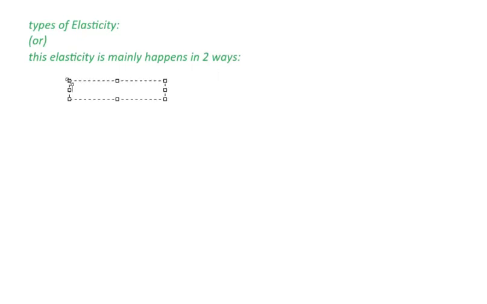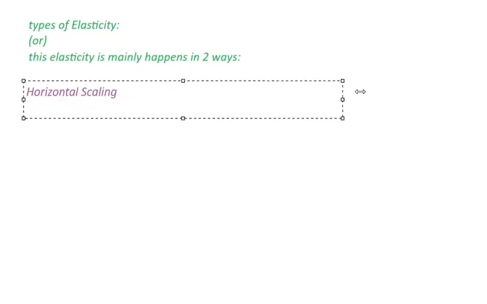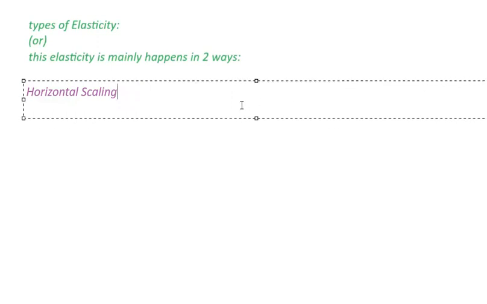One way is horizontal scaling. By using scaling only we achieve this elasticity. And the other way is vertical scaling.